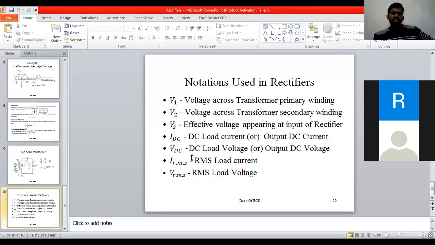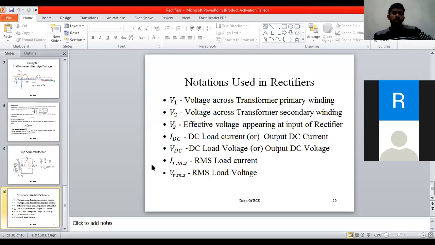If we summarize what I discussed in this entire lecture, these are the terminologies we are using. In the coming lectures, the main important thing is the mathematical analysis we are doing for each rectifier. In that mathematical analysis, we will write different equations, so we don't need to get confused from one to another.